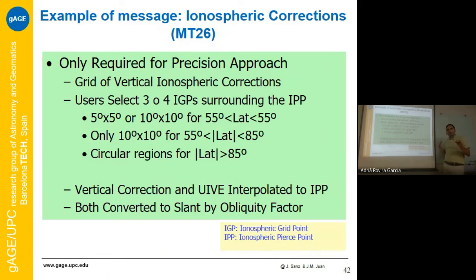In the next slide, we have the map, and we will see different spacings for the so-called IGPs, ionospheric grid points. Depending on the latitude, we can have 5 by 5 or 10 by 10 degrees, with different spacing.